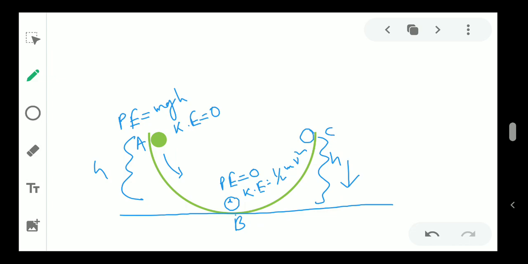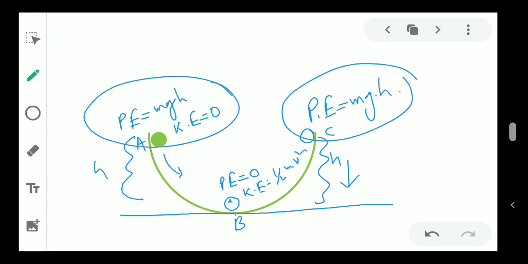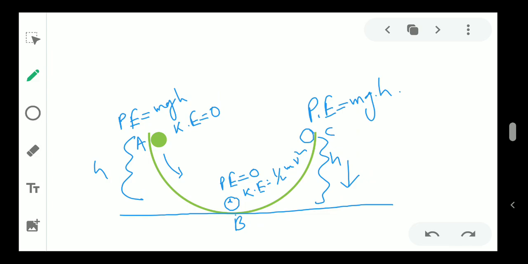Why the same height? Because if it goes beyond h, the potential energy will be higher, so the initial and final potential energy will not match. But this is not possible because energy should always be conserved.